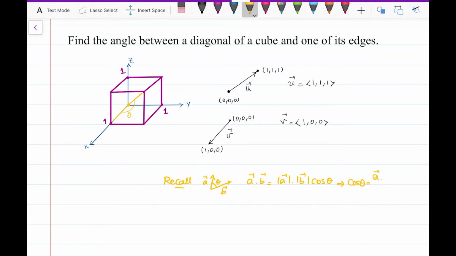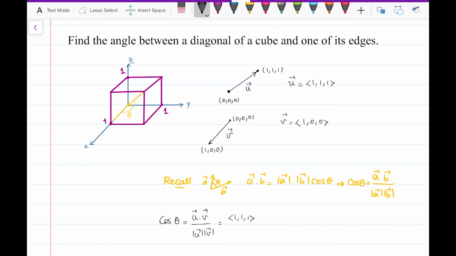So cosine theta would be a dot b over the length of a times the length of b. Great. So the cosine of theta here, in this example, would be u dot v over the length of u, the length of v.